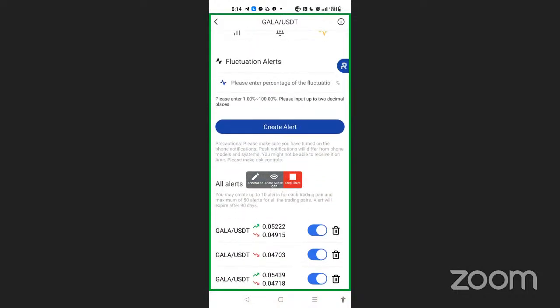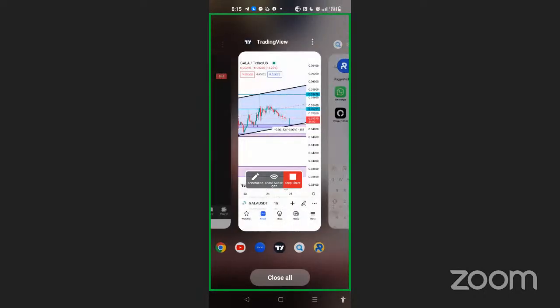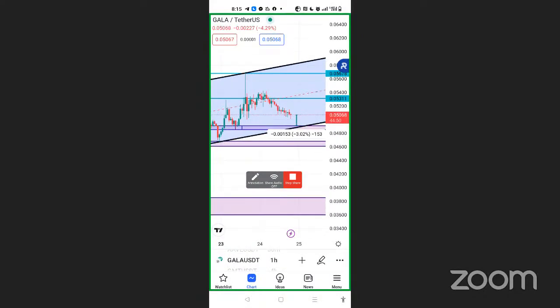Immediately it touches this, Royal Q will give you an alert. Then you come and see if it has touched your trade.